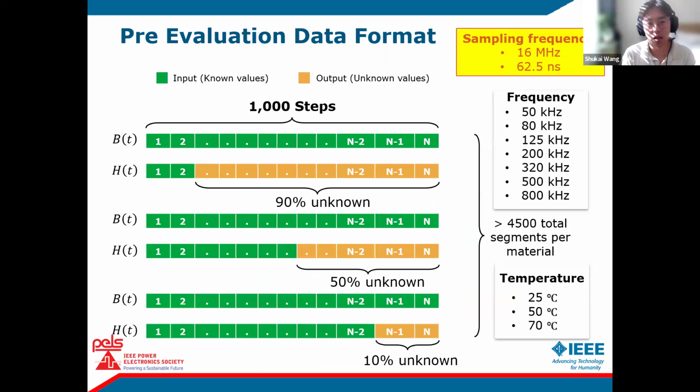First, let's talk about the data format that we're going to provide to you. For pre-evaluation, we are going to provide you with an example test data set of the first 10 materials that you already have.